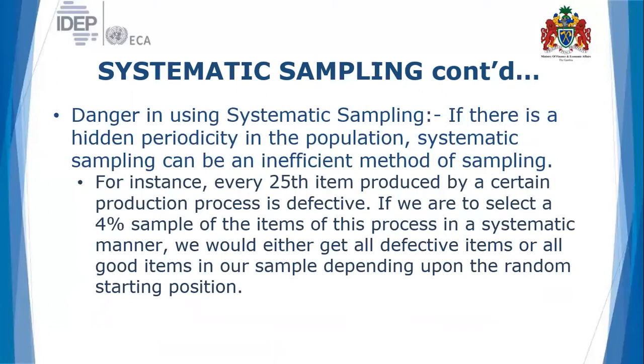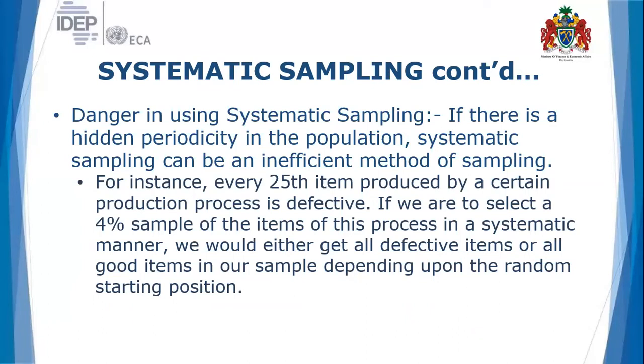It's also important for evaluators to note one danger in using systematic sampling. Think of this. If there is a hidden periodicity in the population, when the system generates a certain outcome periodically, the same element or the same product comes up at periodic intervals.